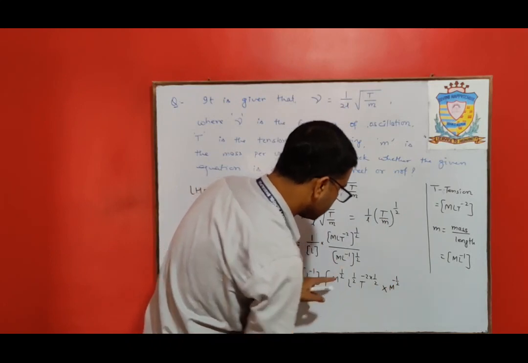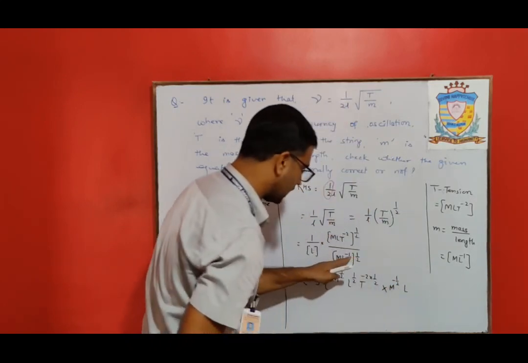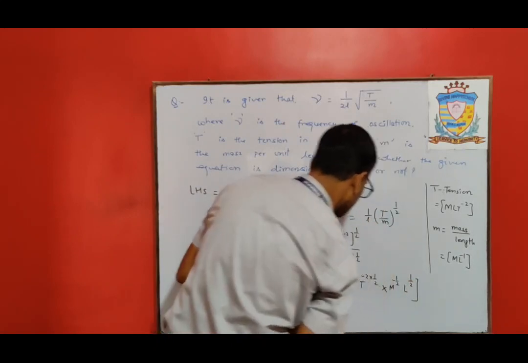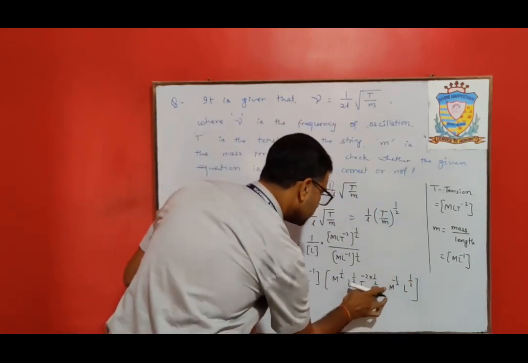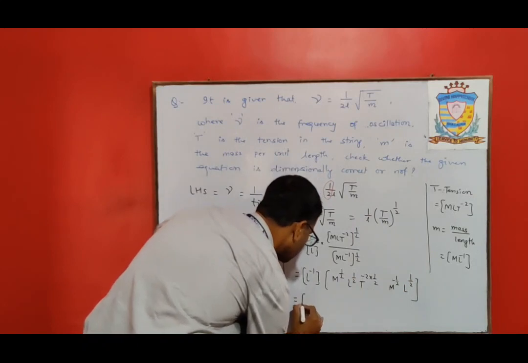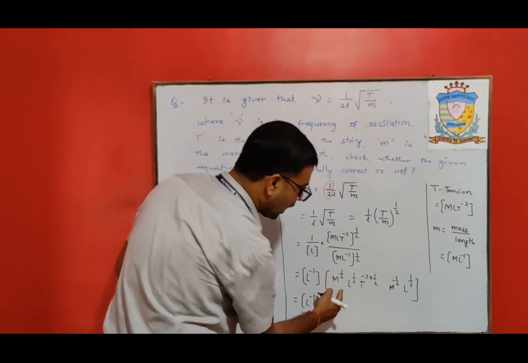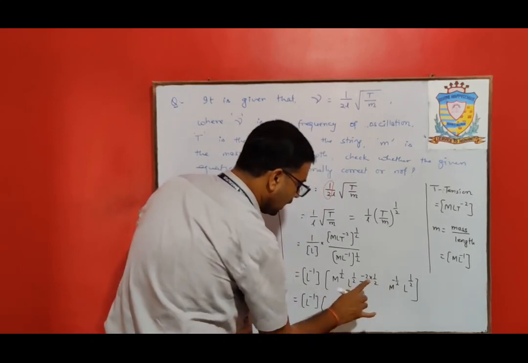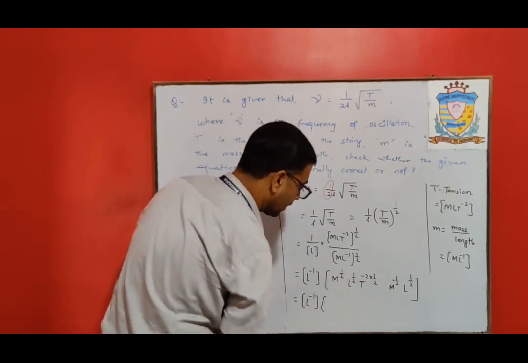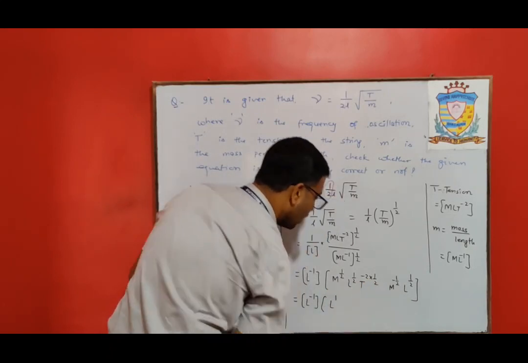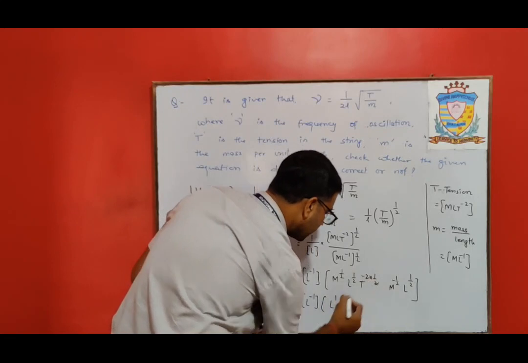For L it is minus 1 by 2, and if we move it forward it becomes 1 by 2. Clear? So L minus 1, M half and minus half, so M raised to the power 0 cancels out. L half plus half, so L 1, and T minus 1.